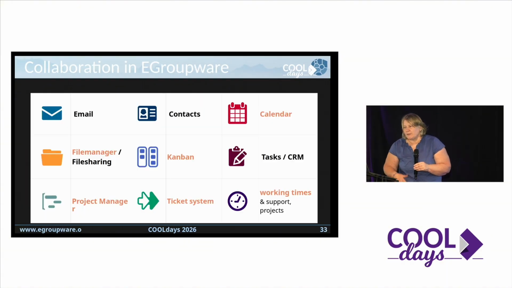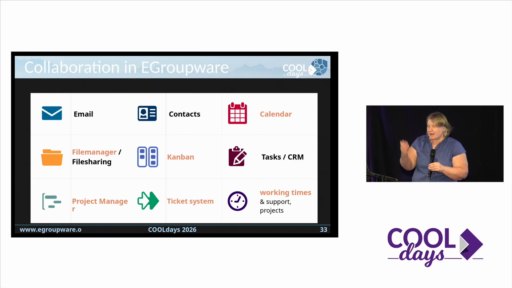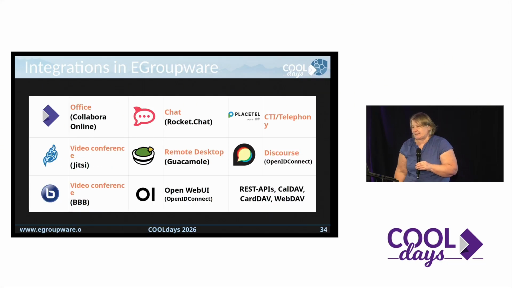So in regard of the collaboration apps, we are coming from a groupware, so we have the typical groupware things, but we also have a Kanban board, some things for project management, a ticket system, for sure file management and file sharing, not as specialized as OwnCloud or Nextcloud or OpenCloud, but at least some basics.